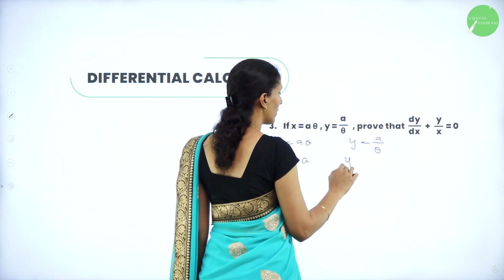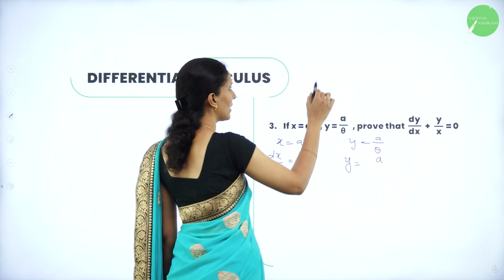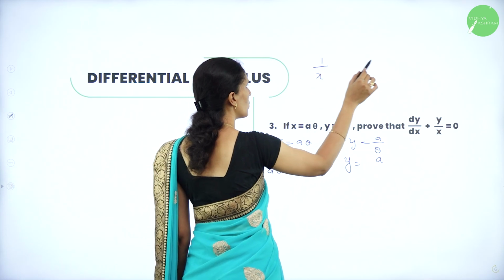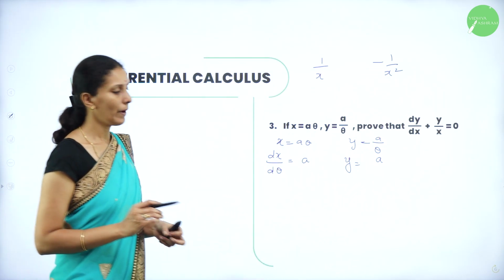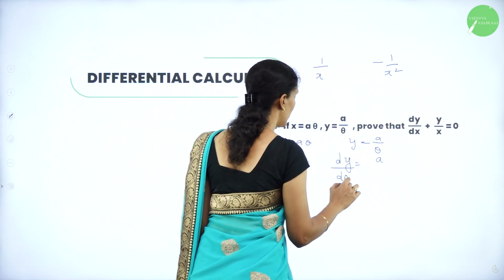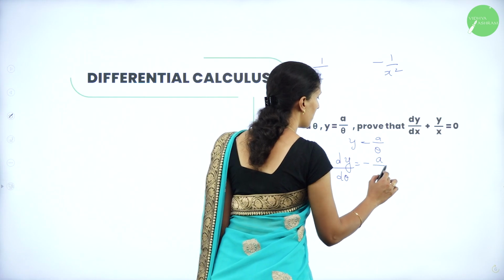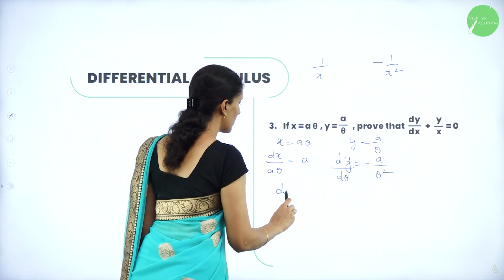Next y is equal to a by theta, a is constant. 1 by theta is in the form of 1 by x, whose differentiation will be minus 1 by x square. So differentiation of y with respect to theta will be minus a by theta square.